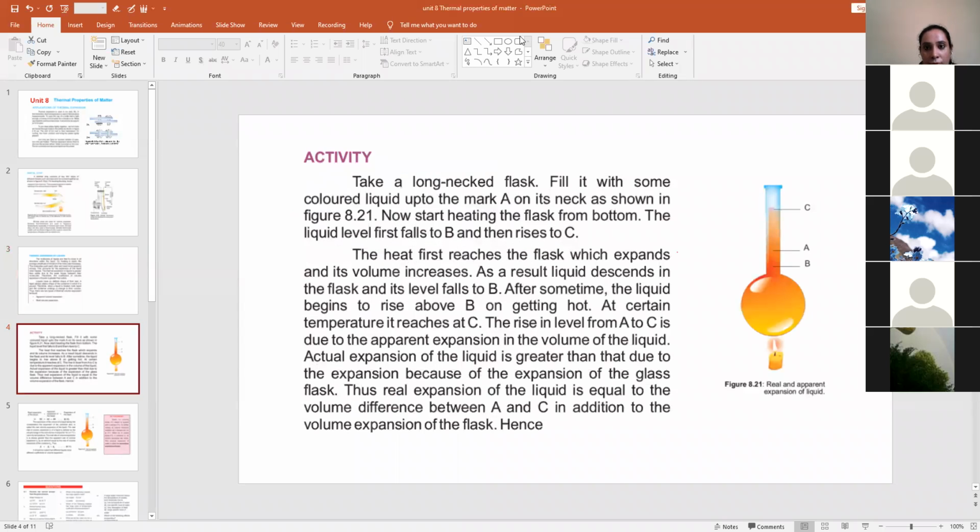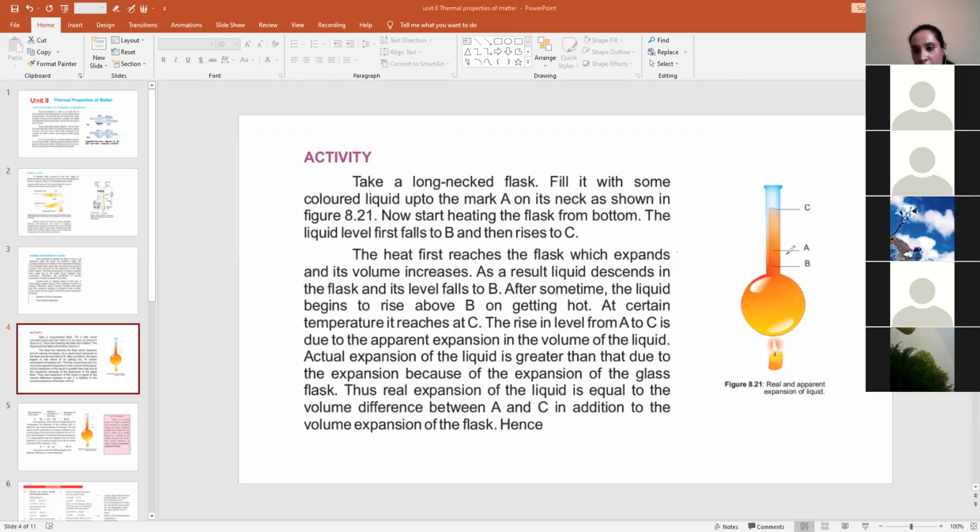So what we have to do, we have to take this flask that is shown in figure 8.21, right? We have to fill this long necked flask with a colored liquid.